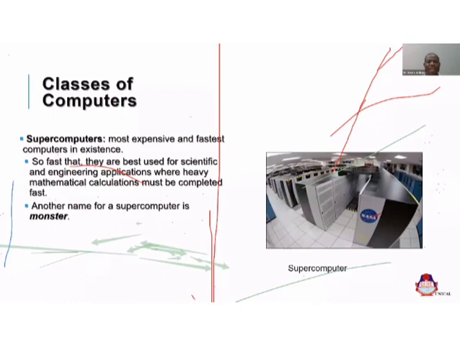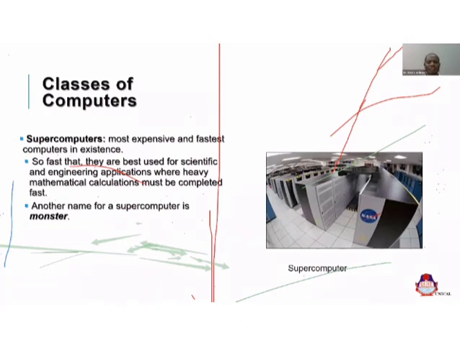They are so fast that they are best used for scientific and engineering operations where heavy mathematical calculations must be completed, such as weather forecasting, launching of rockets into orbit, and major scientific operations that the mainframe computers do not have the speed to cater for.